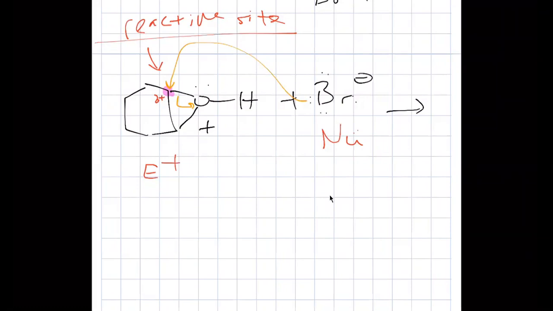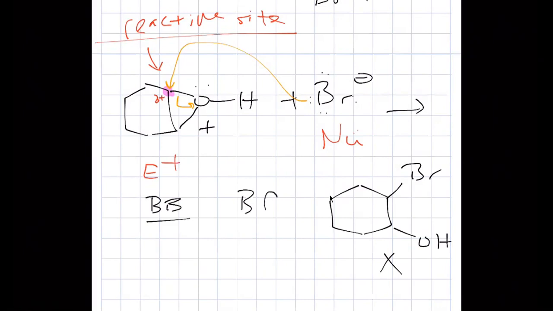Yes, sir. All right, so now we have this as the product, where now this is OH and this is Br. Any questions about that? And again, this is the second step in the overall mechanism. I think they had it labeled up top as X, right? So what bonds did I break?